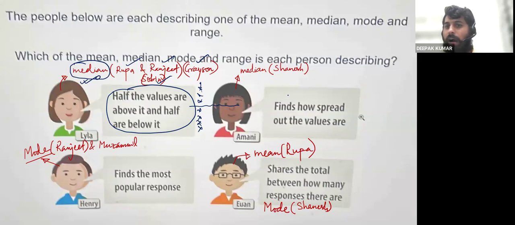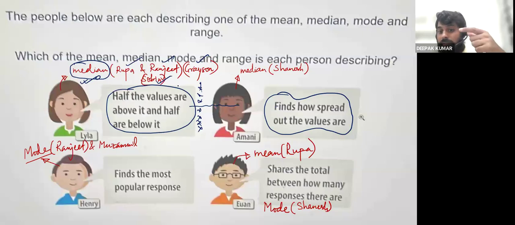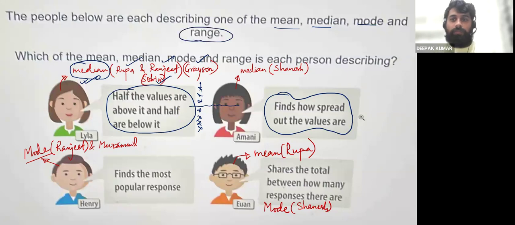It says find how spread out the values are. How spread out the values. Always see, mind it. What are the options you are given? You are given mean, median, mode, and there is one extra option given to you, range.